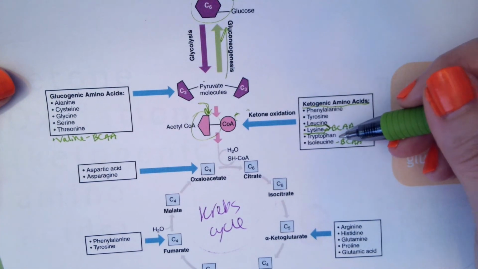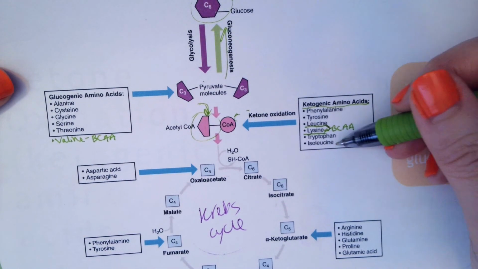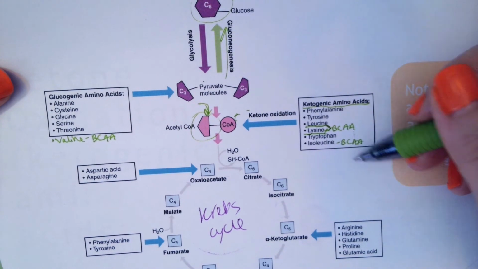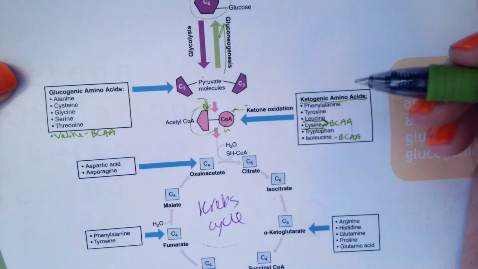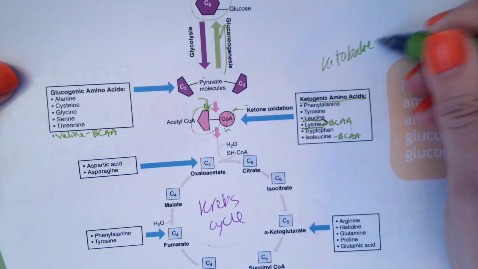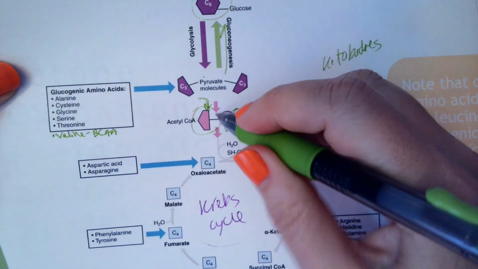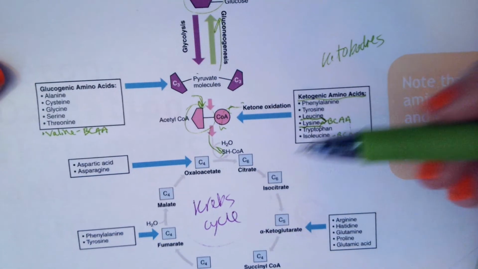I think everybody knows what tryptophan is. You've heard of that one. That's the one that helps you make melatonin. And then isoleucine, our other branched chain amino acid, going into acetyl-CoA. Okay, so we have our keto bodies, ketones, and we have acetyl-CoA going into the Krebs cycle.